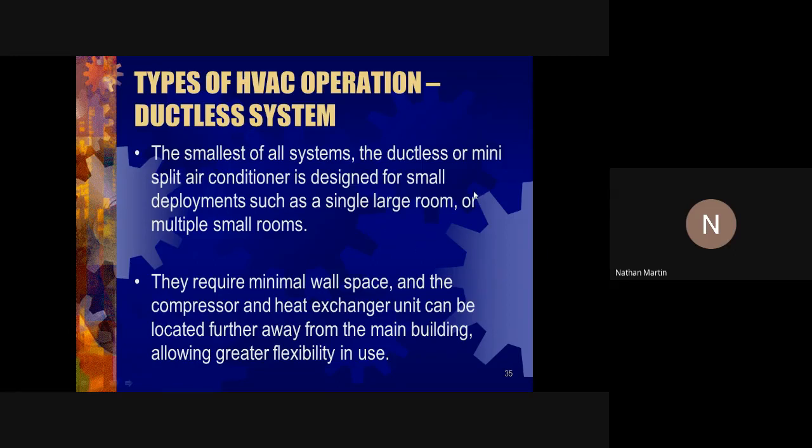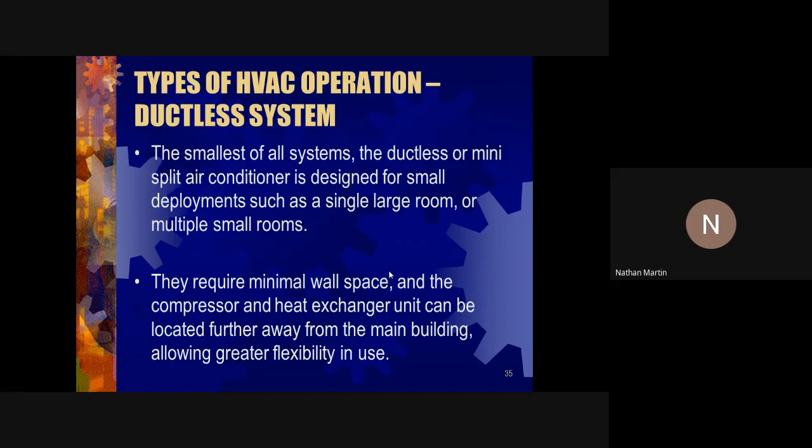They require minimal wall space because most of the time they are mounted indoors in spaces where you don't really utilize, right? The compressor and heat exchanger unit can be located further away from the main building, allowing greater flexibility in use, right?